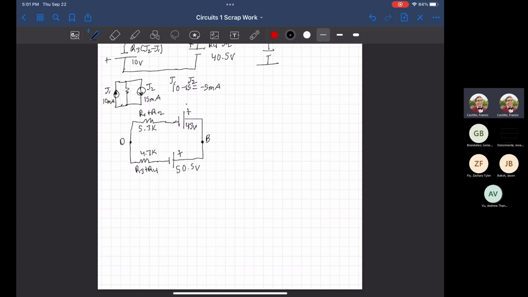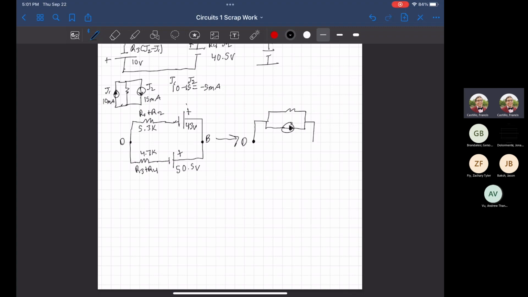So what I'm saying is we're going to transform this. We have a resistor in series with a voltage source, meaning what we'll get here is a resistor in parallel with a current source. In this case, we know it should be traveling this way, right?